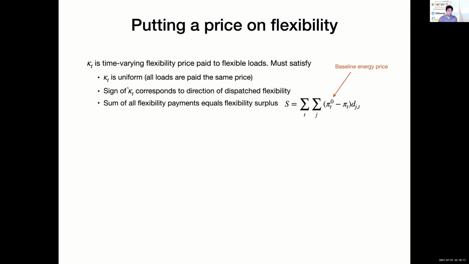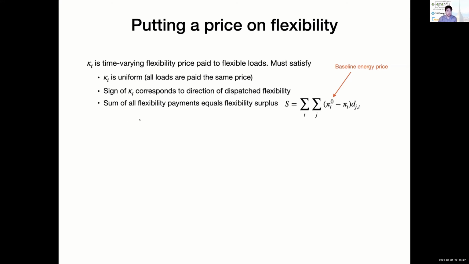The sign of kappa needs to correspond to the direction of dispatch flexibility. So if I dispatch up 1 megawatt during a period, then kappa needs to be positive. If I deviate down from my baseline, kappa needs to be negative. This is important because both up and down flexibility are necessary in order to redispatch, and we want there to be positive incentive to dispatch in both directions.